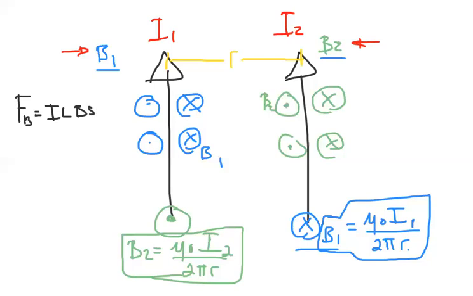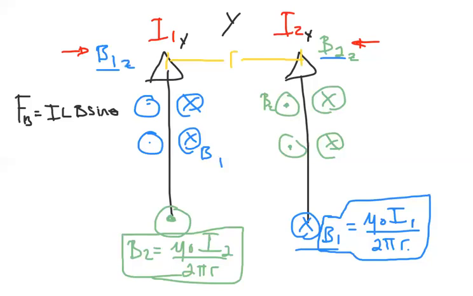everything's perpendicular here, so that sine theta is just going to drop off. If you're like, how do you know they're perpendicular? Well, I for both of these currents are in the Y, and B's for both of these currents are in the Z. So I is in the Y, B is in the Z, and B1 is in the Z. So they're perpendicular.